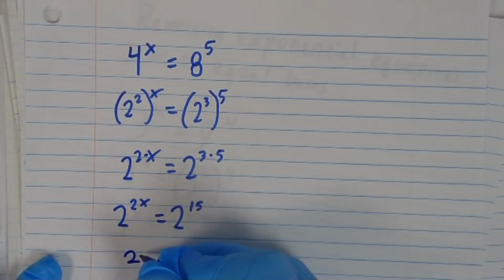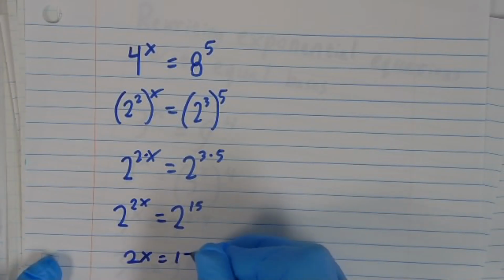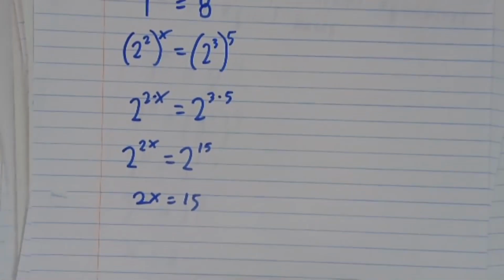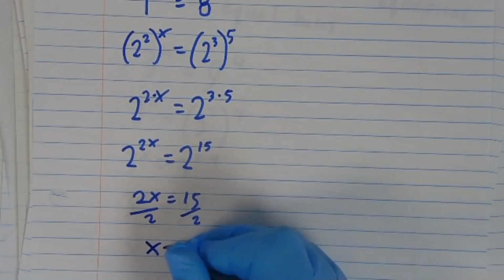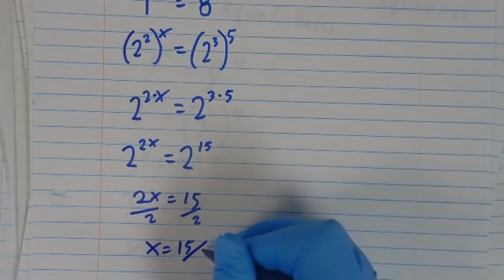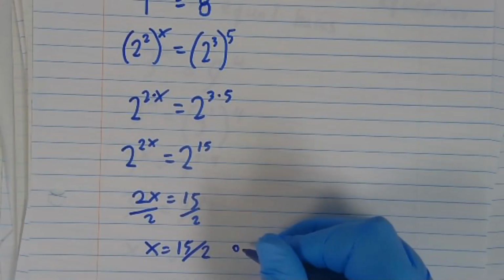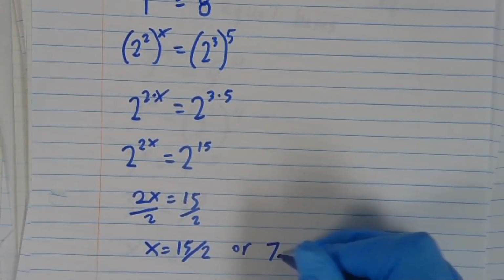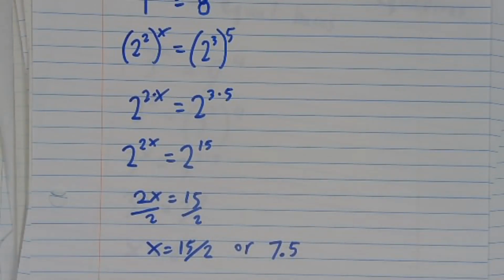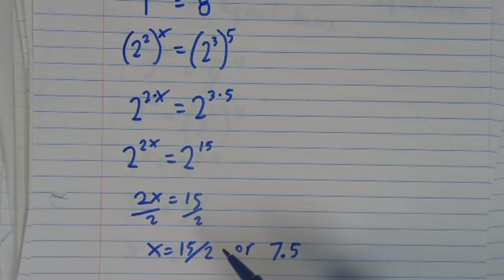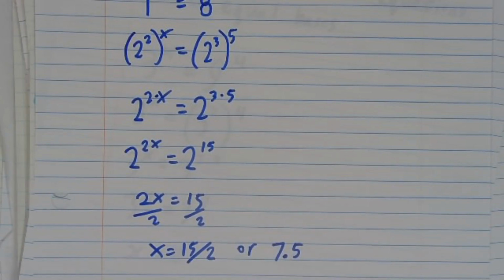So I have 2x is equal to 15. And if I divide both sides by 2, x is equal to 15 halves, or that is 7.5. So I might have 7.5 depending on what I'm doing next with my information. There are some reasons you might want to keep this as an improper fraction. It really just depends on if you're doing a larger problem, what you need to do with your information next.